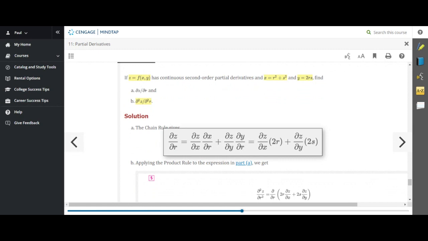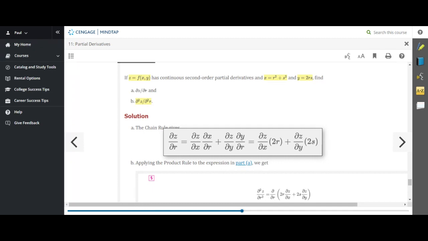All right. So if we want the partial derivative of z with respect to r, we could draw a flow chart. Actually, we just did one like that, right?